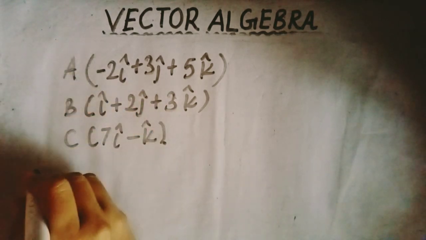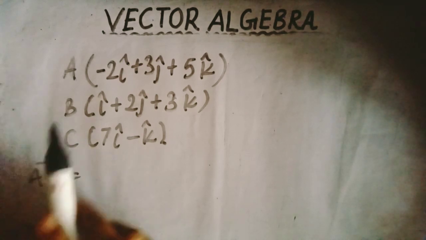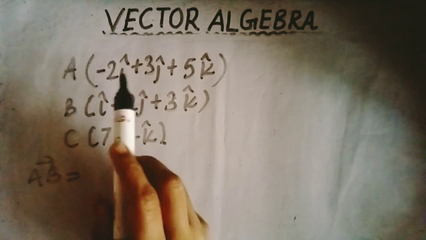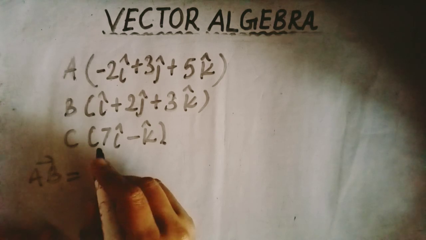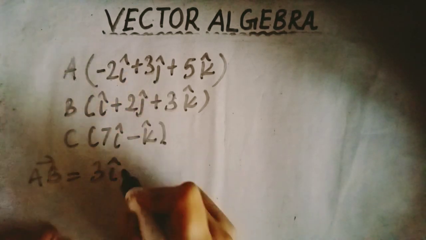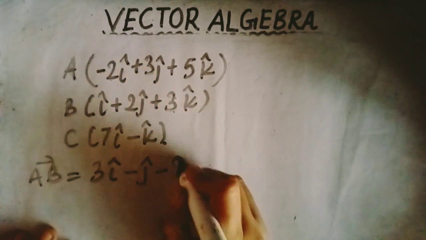Okay, so first you have to find AB vector. AB vector you'll get by B minus A, right? B point minus A point. So 1 minus of minus 2, 3i, 2 minus 3, minus j, 3 minus 5, so minus 2k.